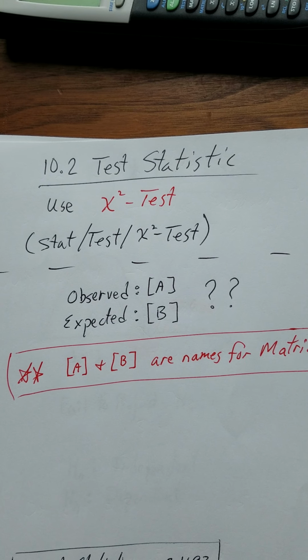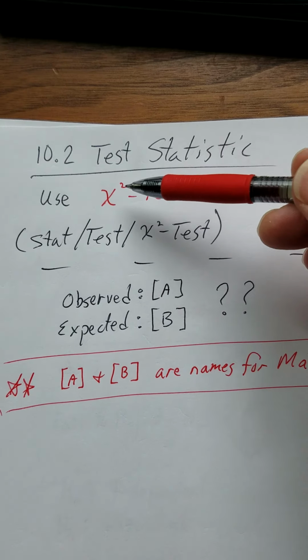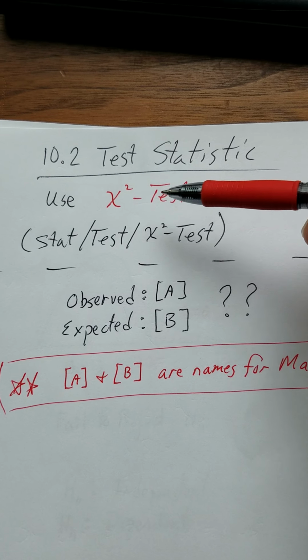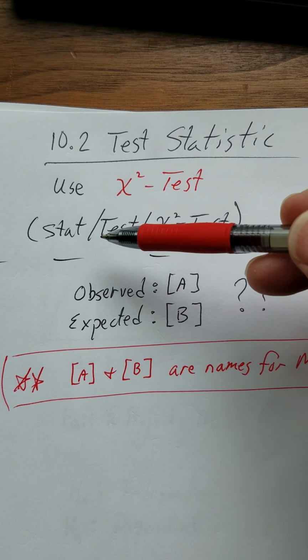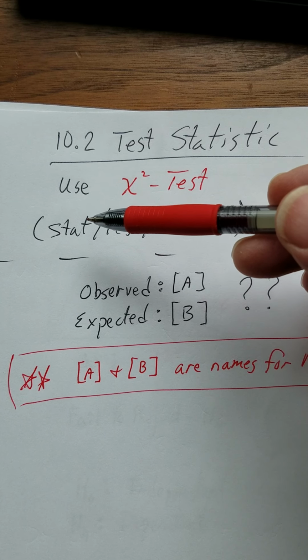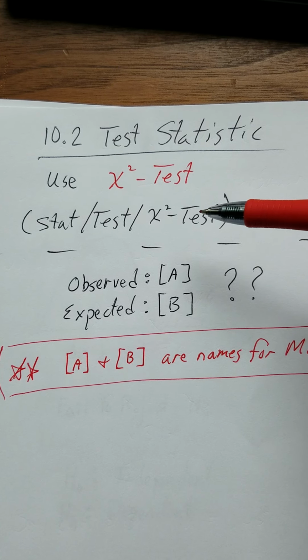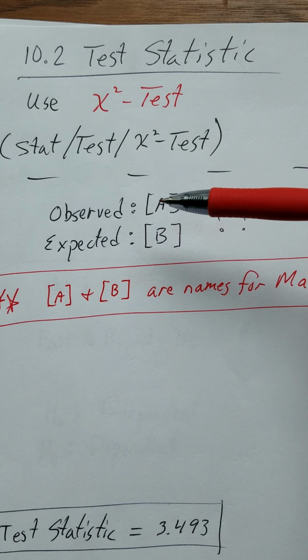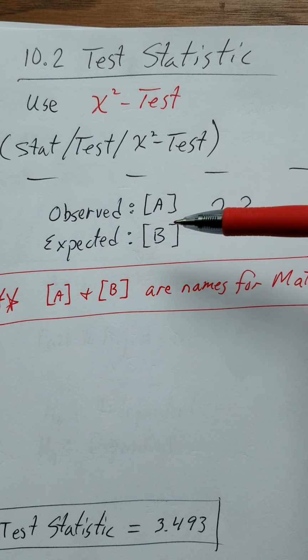Next, the test statistic. We're going to use chi-squared test, not chi-squared GOF test, so make sure you get that right. You go to stat, then to tests, and then chi-squared test. When you get there, you'll see observed and expected, and they'll have this stuff here.